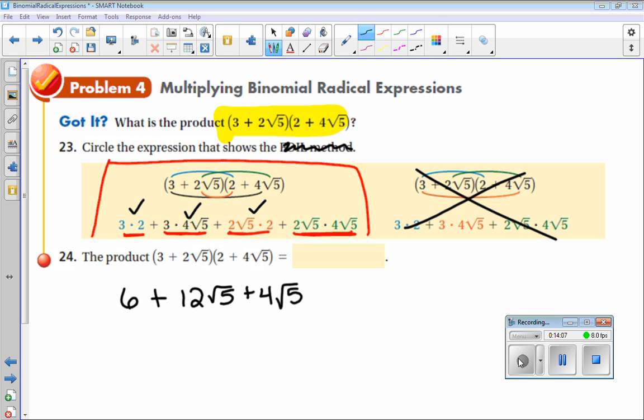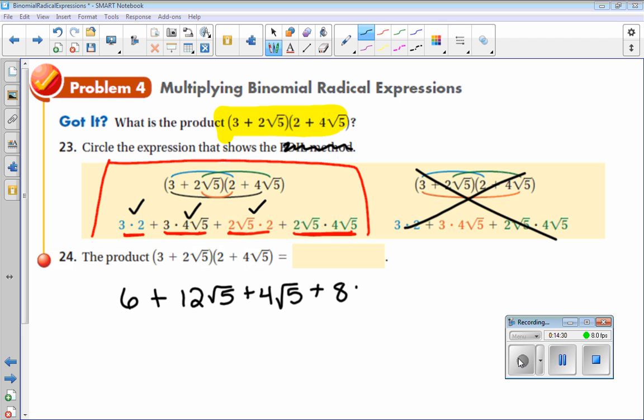And how about the last one? How do I multiply 2 radical 5 times 4 radical 5? I don't add anything yet. 2 times 4 is 8. And then 8 radical 25. Don't I have to multiply the 5 and the 5 also?